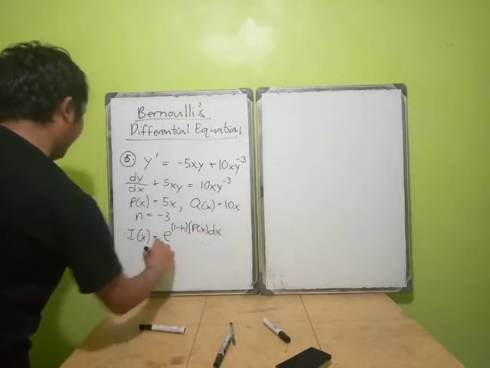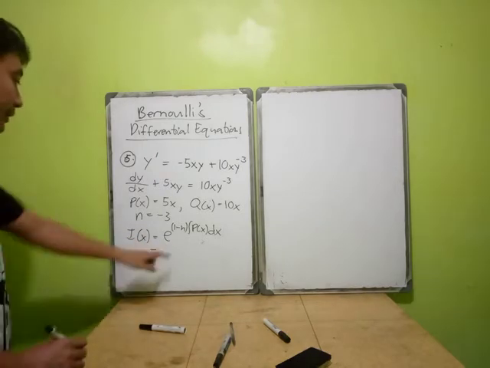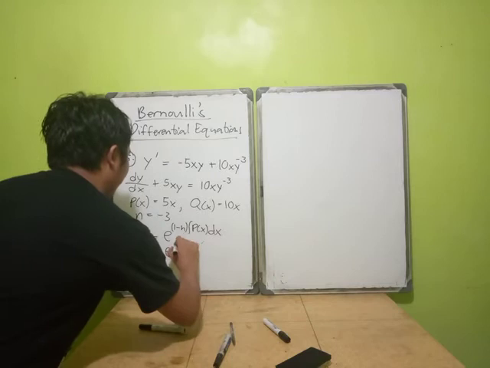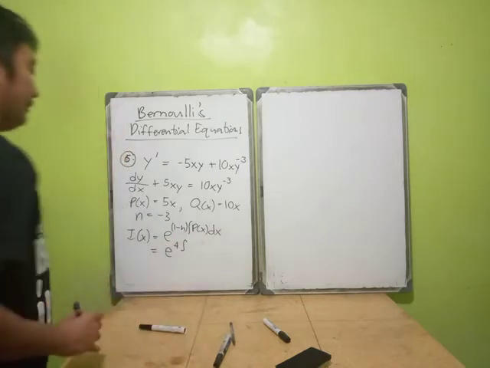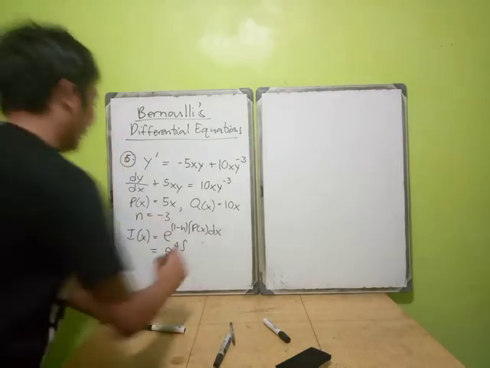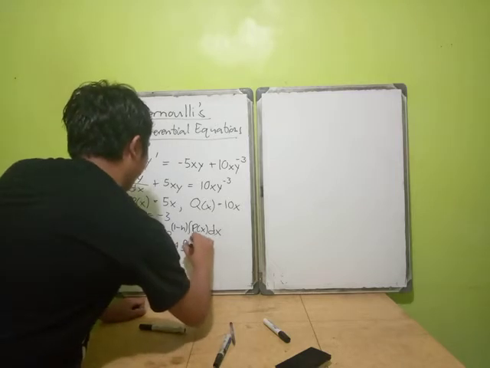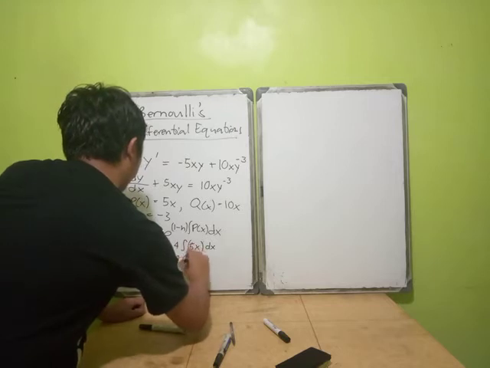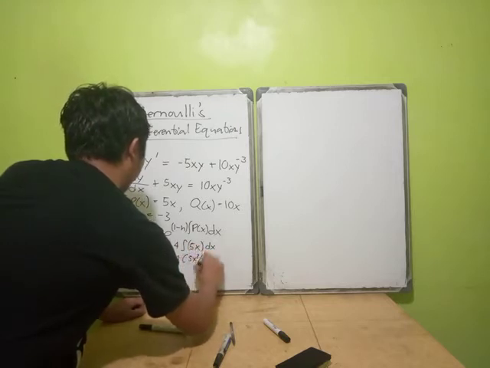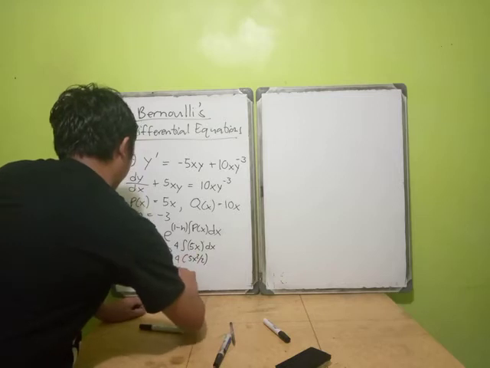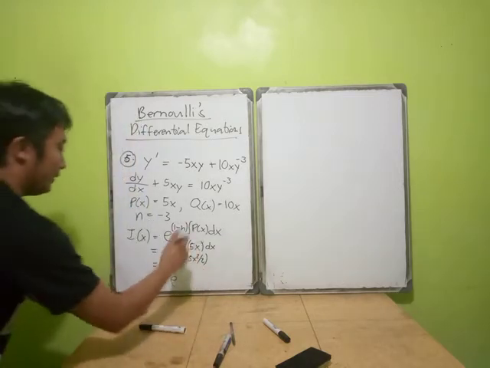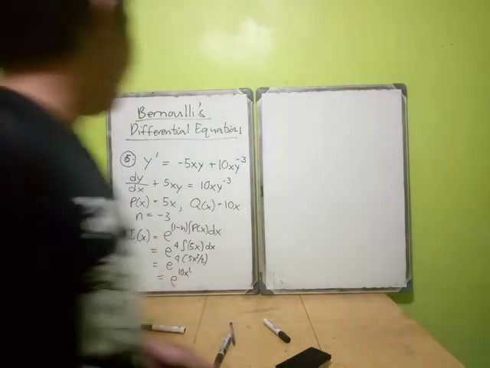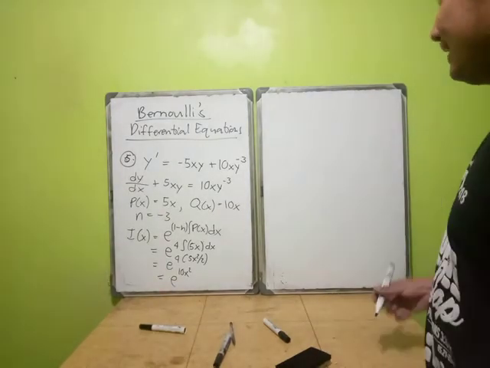Okay, so yung I of x natin is e to the integral of 1 minus n. 1 minus negative 3 is magiging 4. And then yung p of x natin is 5x dx. So, e to the power of 4 times 5x squared over 2. So, magiging e to the power of 5x squared over 2 times 4, which is equal to 10x squared. Okay. Yan.